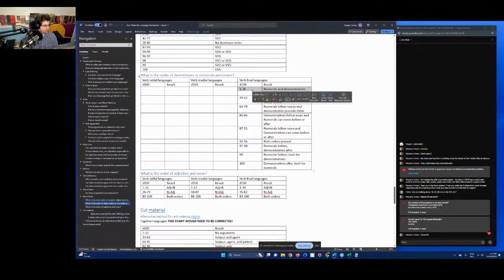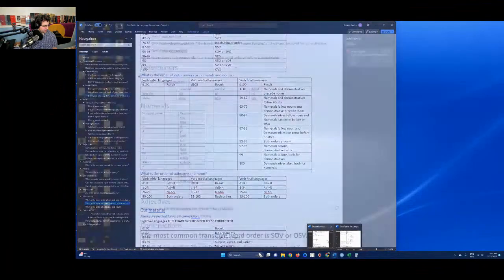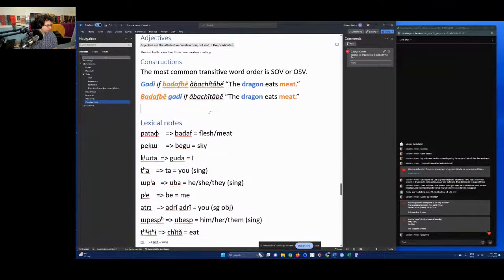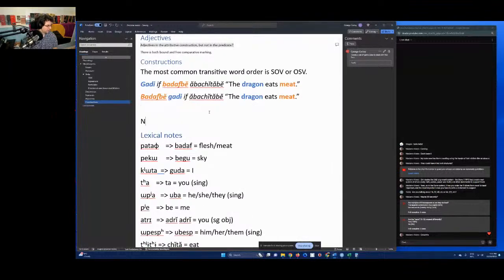That means that numerals and demonstratives precede nouns. So let me get that into my notes: they precede the noun they modify.